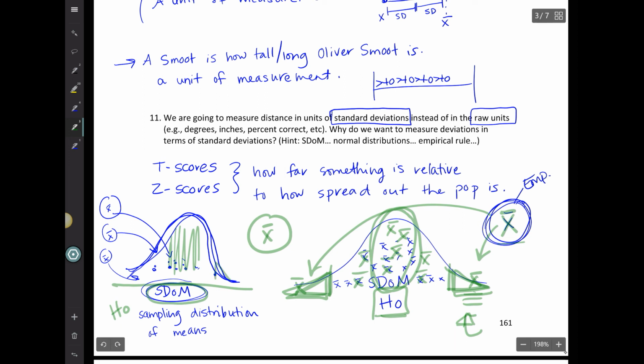If I get one way out here where there's almost nothing, then I'm going to go, whoa, that's really weird. What is it doing out there, like the middle of the desert where nobody's out there? That's unusual. I think maybe the null hypothesis is not actually true, because it would be so weird for my result to be way out here. That means this seems unlikely to be true.